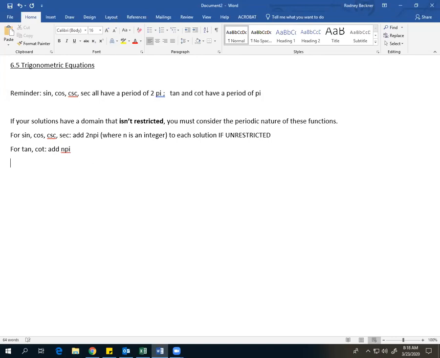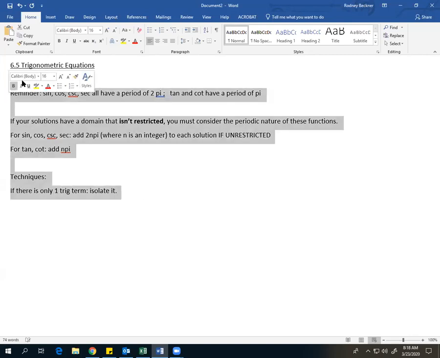Okay, so some techniques. When you are asked to solve a trigonometric equation, remember like when we had to verify identities, I gave you a whole bunch of techniques. I'm going to give you a bunch of techniques here. If there is only one trig term, isolate it.